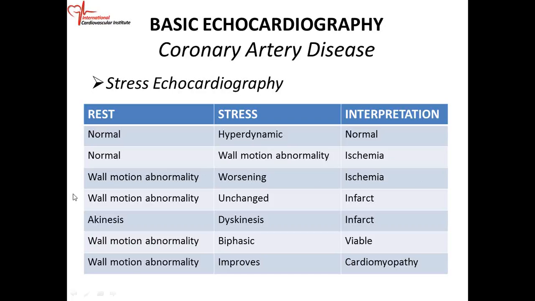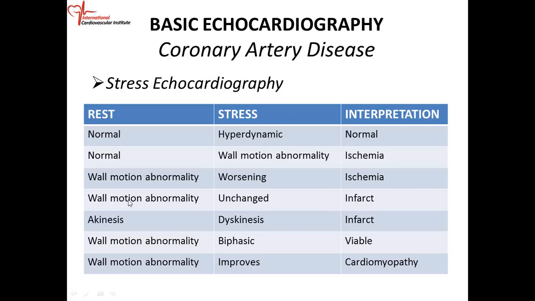Another scenario is wall motion abnormality at rest. So you do your resting echocardiogram and you have wall motion abnormality. You stress the patient, you do your stress echo, and there's no change. That's because the muscle is infarcted. Well, we said the muscle is dead. So dead muscle is not going to move.